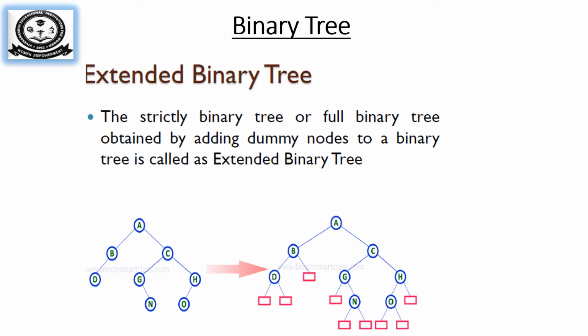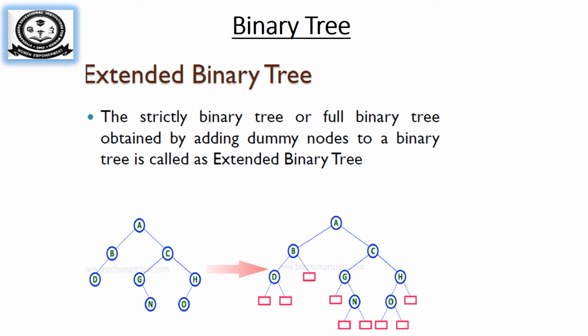All the external nodes are leaf nodes, which are represented using a rectangle, whereas all the internal nodes are non-leaf nodes, which are parent nodes. So every internal node has exactly 2 children and every external node is a leaf in the extended binary tree.